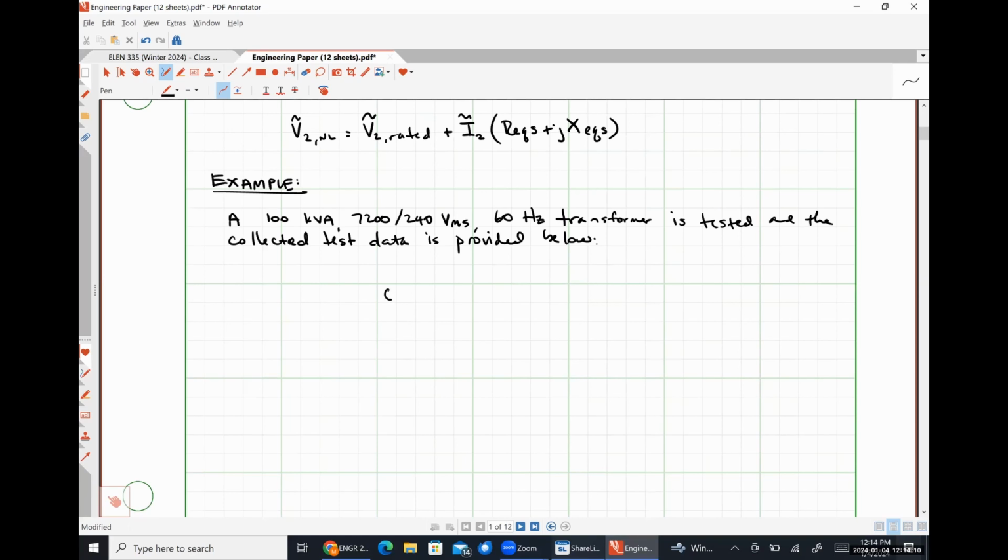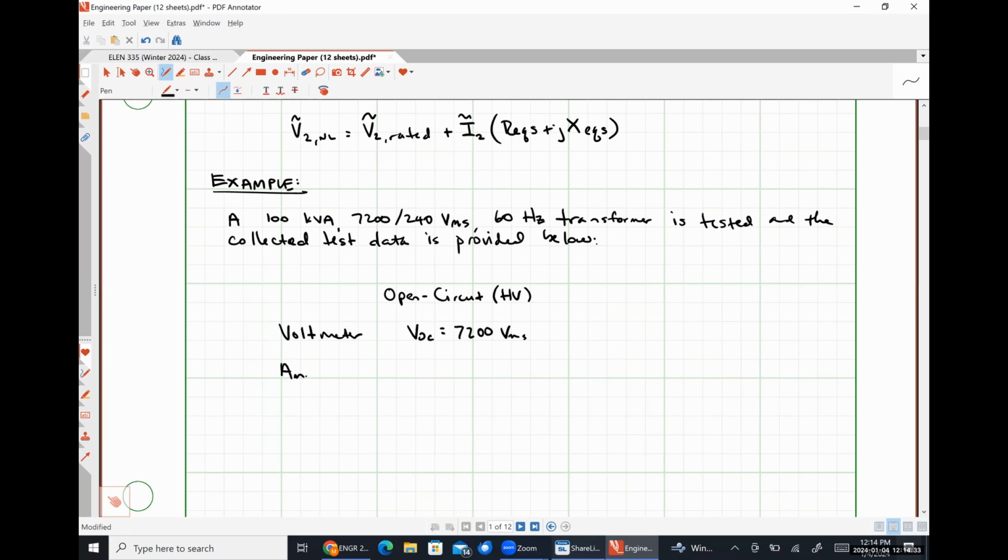So our open circuit test was performed on the high voltage side, and our voltmeter reading was VOC is equal to 7,200 volts RMS.